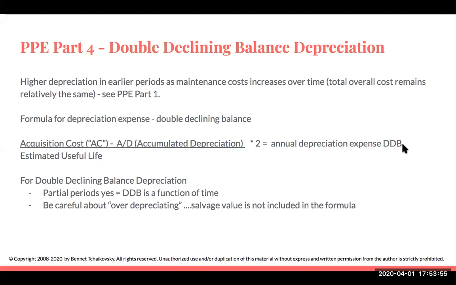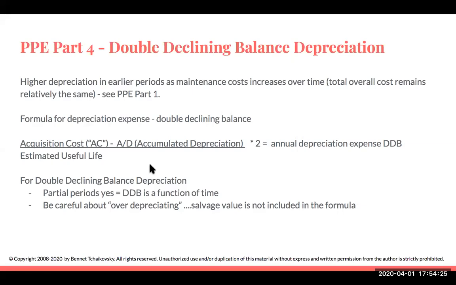We want to remind ourselves that for double declining balance, we are going to be taking into account partial periods because double declining balance is a function of time. Also, if you notice in the equation, we do not take into account any salvage value. Salvage value is taken into account under both straight line and units of production. However, here we are not taking into account salvage value.